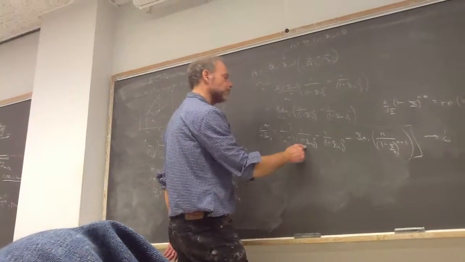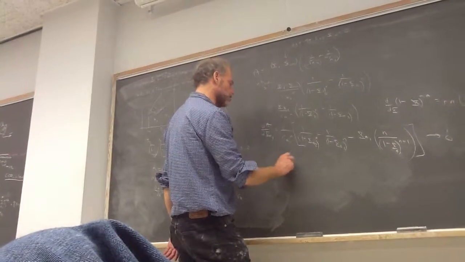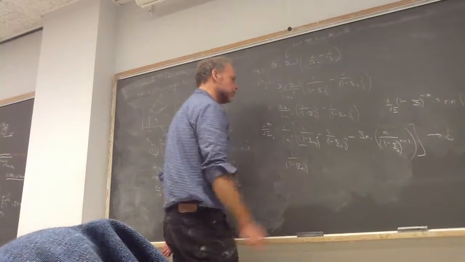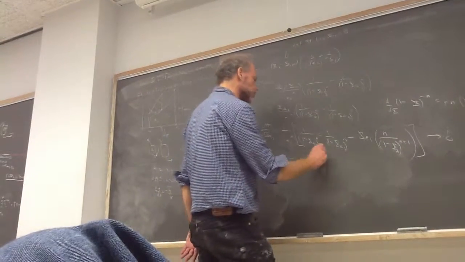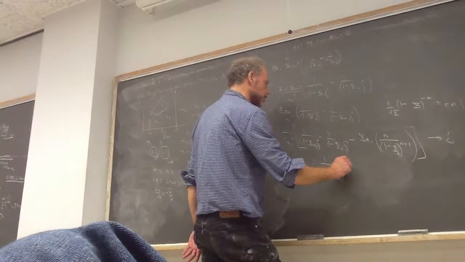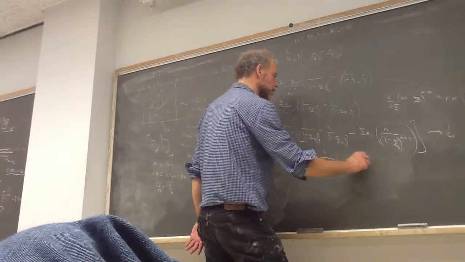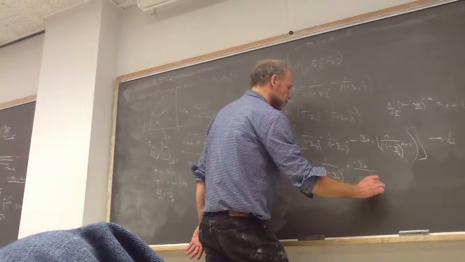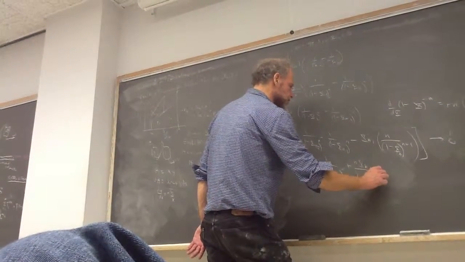So here I have 1 over 1 minus xa2 to the n is equal to 1 over 1 minus xa1 to the n minus nxa1 plus nxa1 over 1 minus xa1 to the n plus 1.